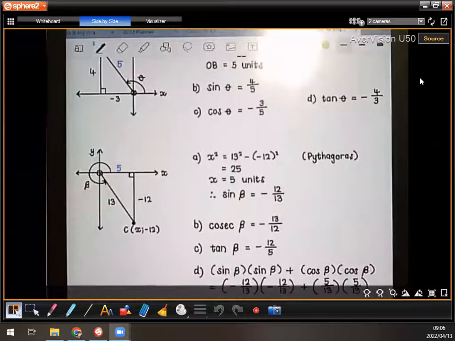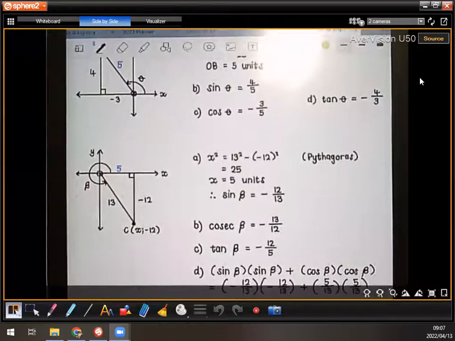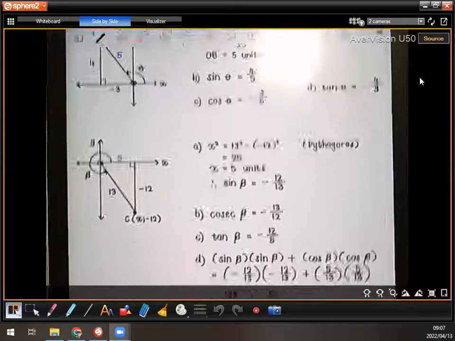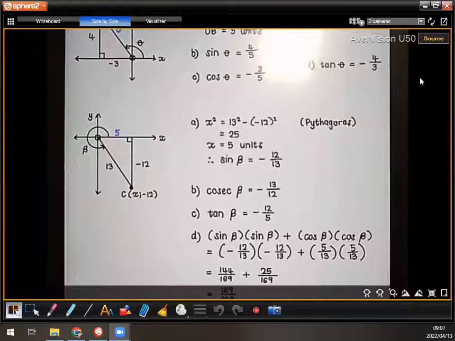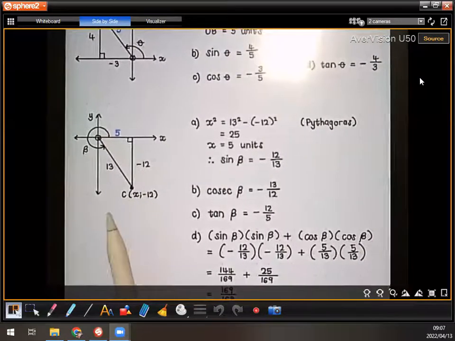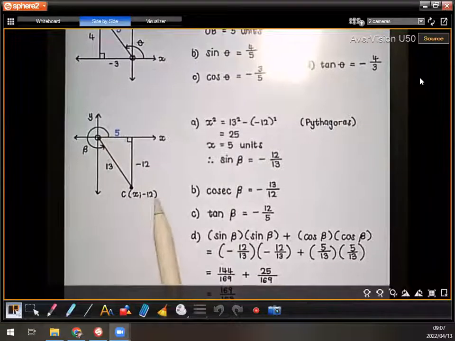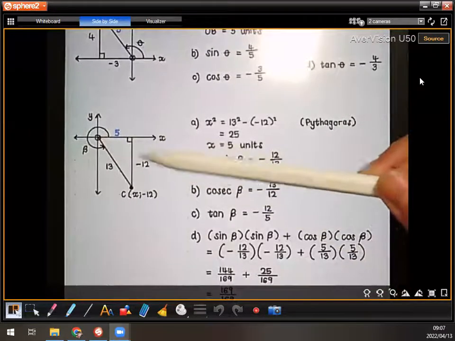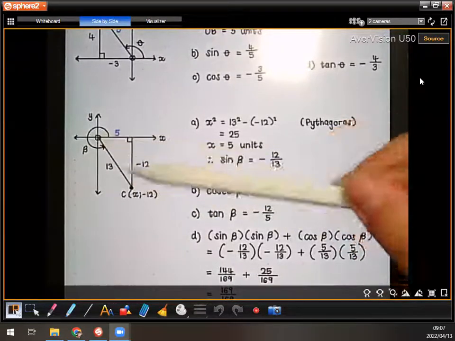Right, the last one, number 6, was a bit longer. You have to do a bit more calculations there. So again, they gave you point C, which is (x, -12), and I'm showing you that that is in the fourth quadrant. So -12 is the y length. I think they put this on the diagram also.